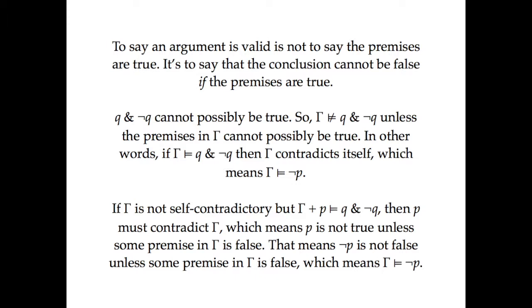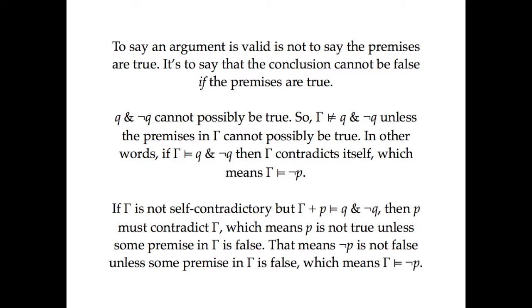So that's what happens if gamma is self-contradictory. Now suppose that gamma is not self-contradictory, but that when you combine gamma with P, that entails Q and not Q. Well, since Q and not Q can't possibly be true, P has to contradict gamma.